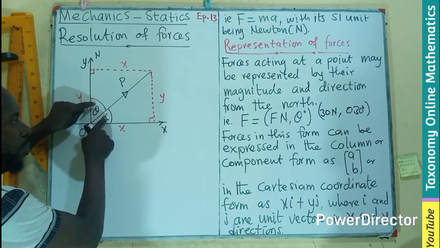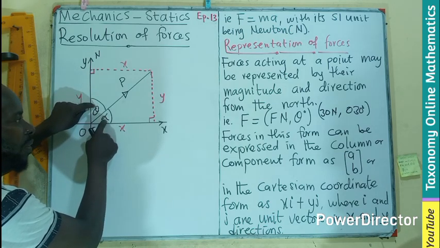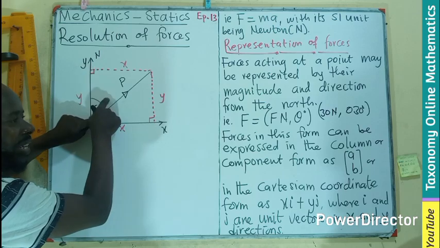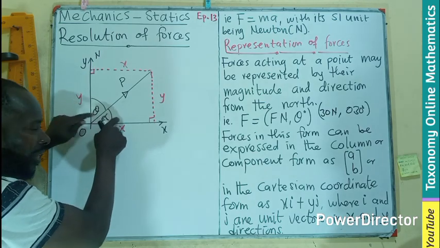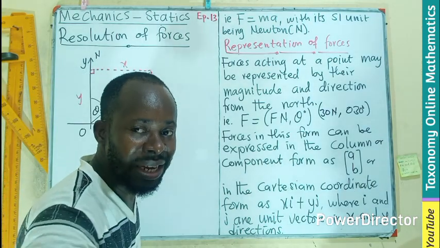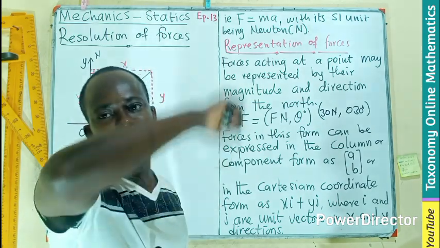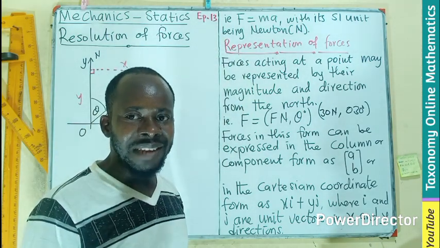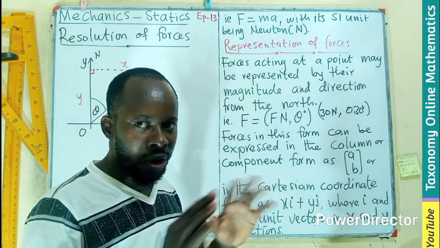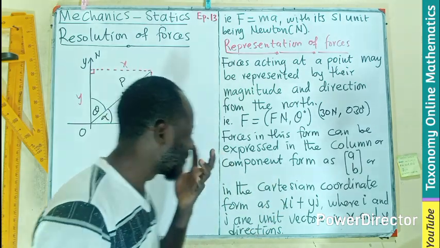The two angles are complementary, giving me 90 degrees. So this will be 60 and 30. To describe using this angle, I should mention the anti-clockwise movement that the force makes with the x-axis. So there are two definitions here. Let's take the first one.